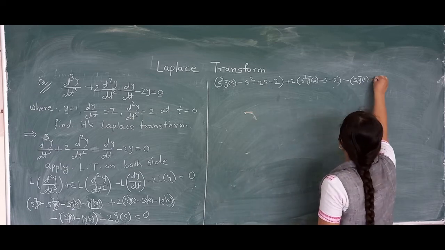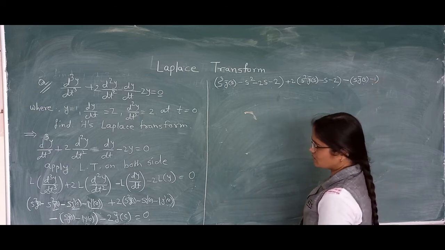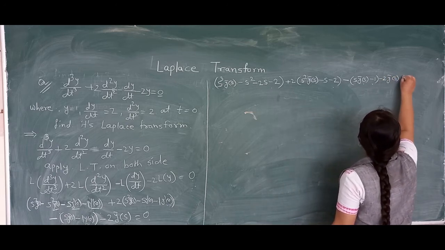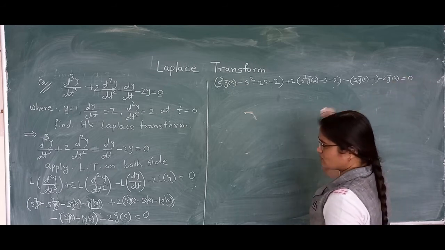Y at 0 is 1, so it is just 1, minus 2 y bar of s equal to 0.